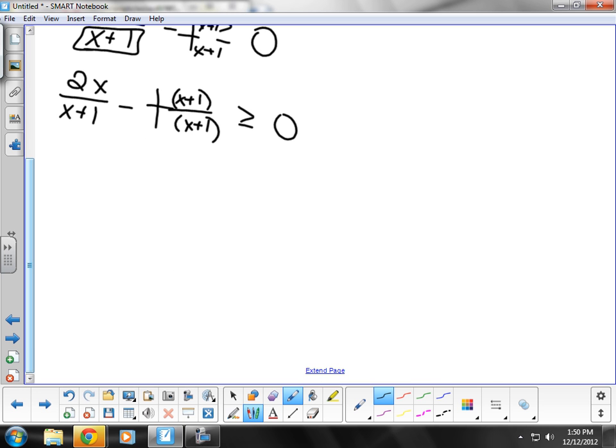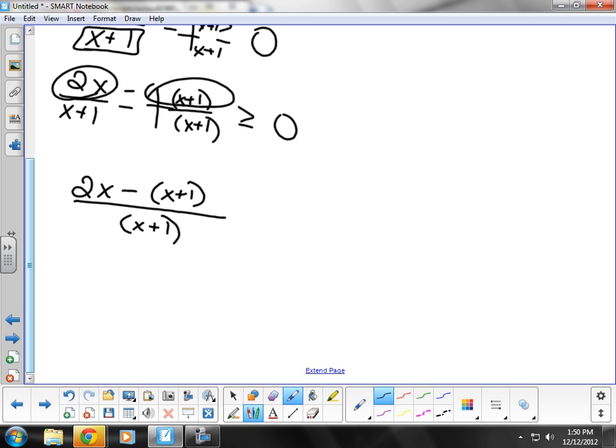All right. So I get 2x minus the quantity x plus 1, over x plus 1, right? Take everything out of the first one, minus everything out of the second one, and over the denominator. Now, why did I write it like that, and what am I worried about you doing wrong? No, you cannot reduce unless it's multiplied. If these two are multiplied together, then I could reduce that out.